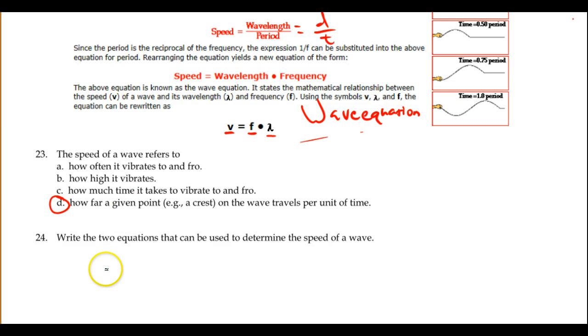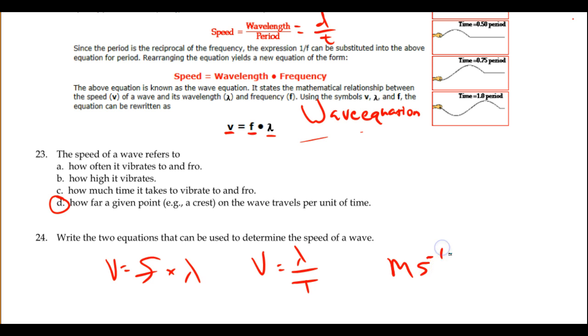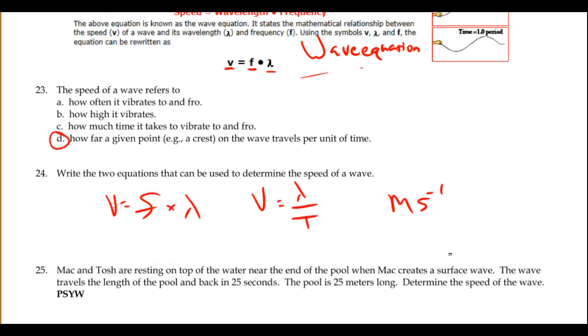We can find that from v equals frequency times wavelength, lambda, or we could find it from lambda over the period. The symbol for period is capital T. So meters per second, 1 over seconds, seconds to the minus 1 times meters, both would give us meters per second, or meters times seconds to the minus 1.